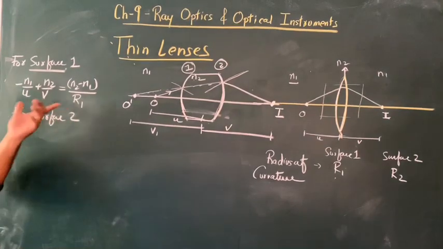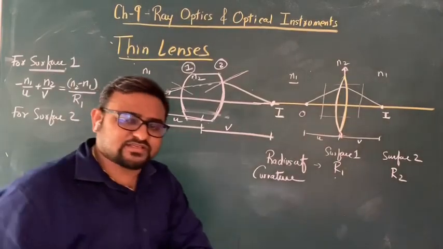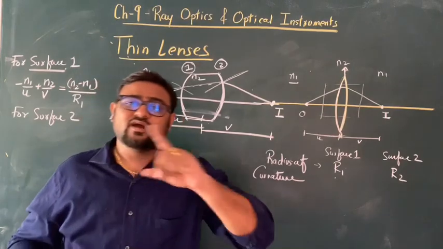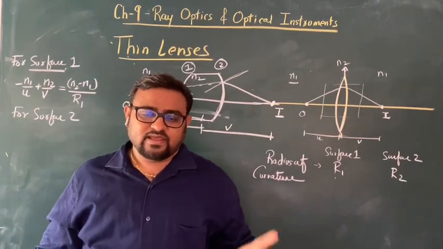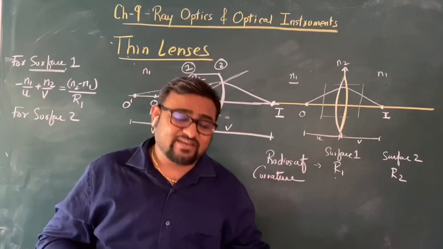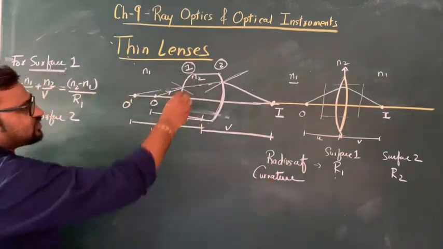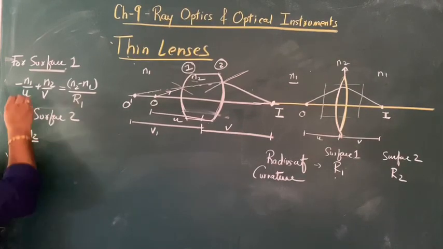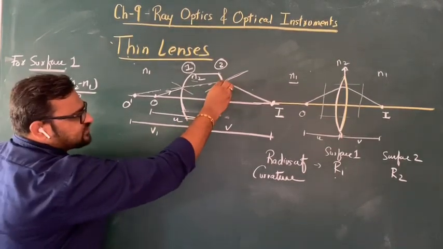Now let's take surface 2. We will use the same formula, but in the previous case, the light was entering from rarer medium to denser medium. In this case, it is entering from denser medium to rarer medium. So instead of n1, I will use n2. What is the object distance for this surface?